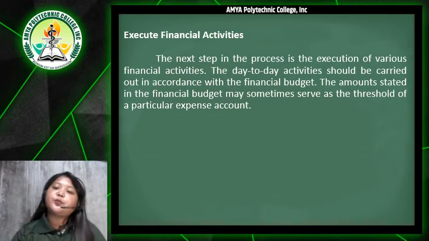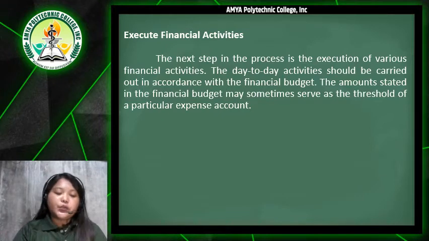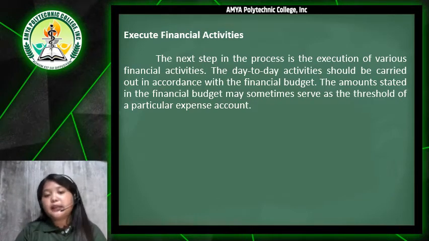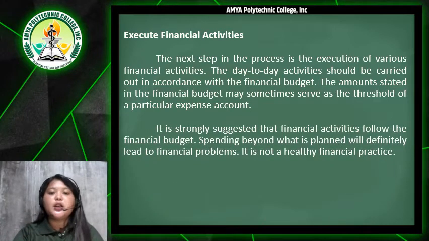The next step in the process is what we call the execution of various financial activities. The day-to-day activities should be carried out in accordance with the financial budget, and the amount stated in the financial budget may sometimes serve as a threshold for a particular expense account. So it is strongly suggested that financial activities follow the financial budget.